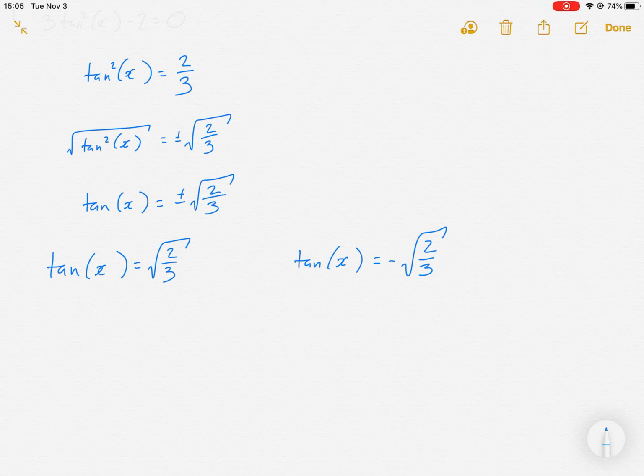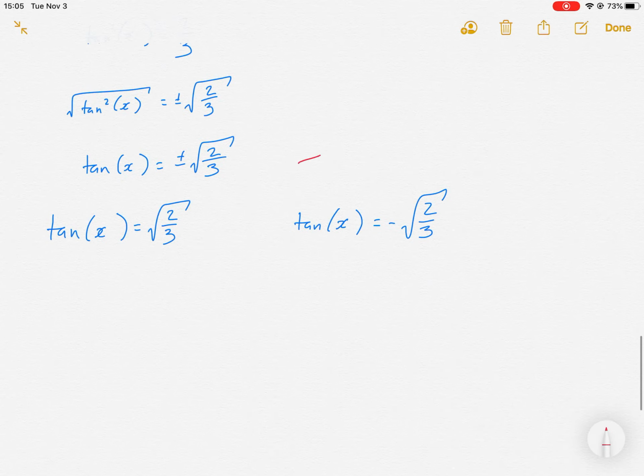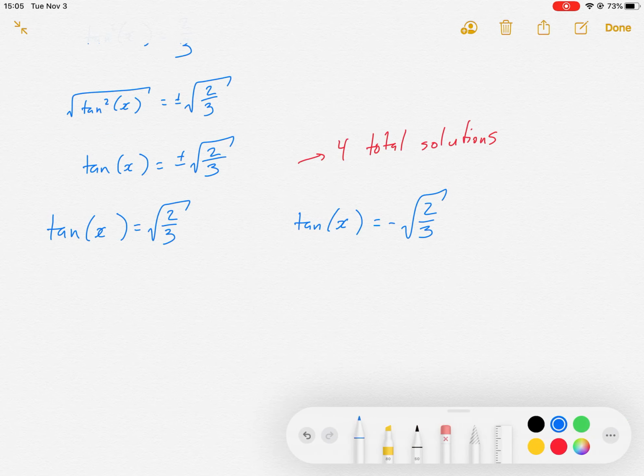If you recall from section 4.7, every single time we do this, with one or two exceptions, we get two solutions. So keep in mind that there's actually going to be 4 total solutions in this case. When you're solving these trig equations, make sure you find all the solutions. Don't just find one and then call it good.